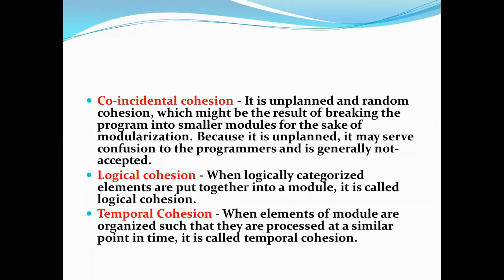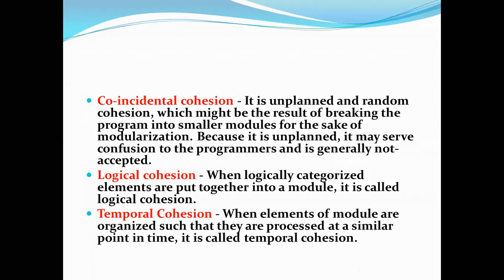Next is temporal cohesion. When elements of a module are organized such that they are processed at a similar point in time, it is called temporal cohesion. So temporal cohesion is when putting the things together and they are triggered at the same time.